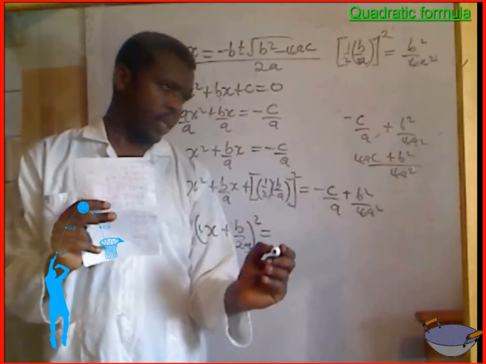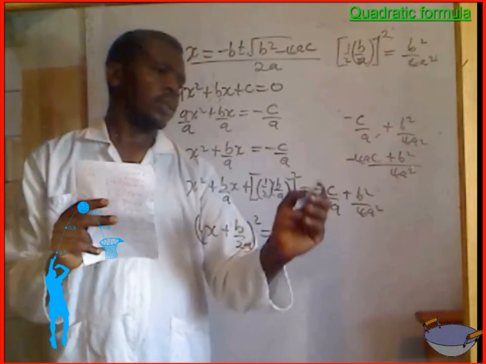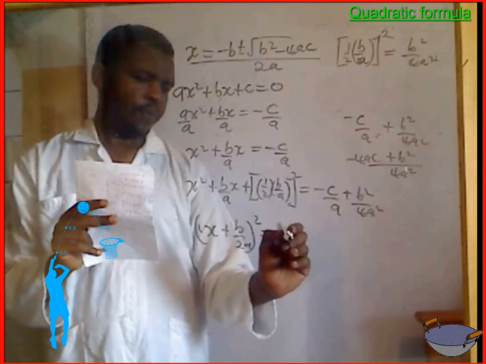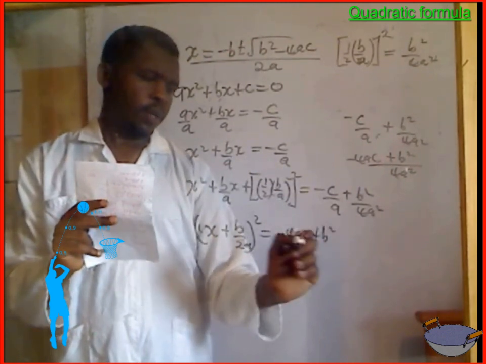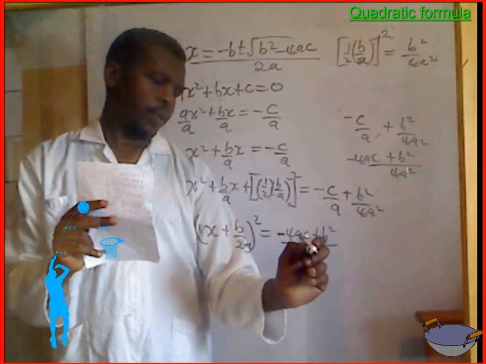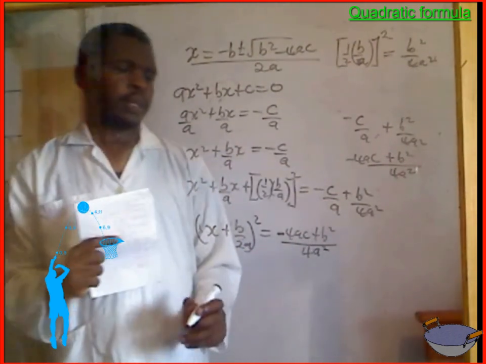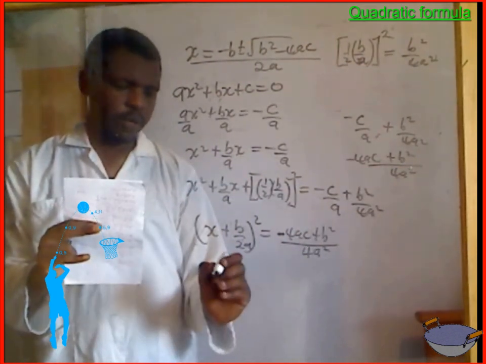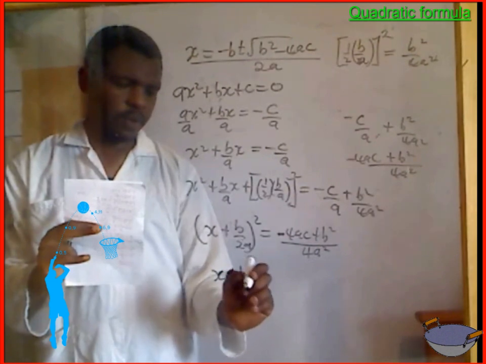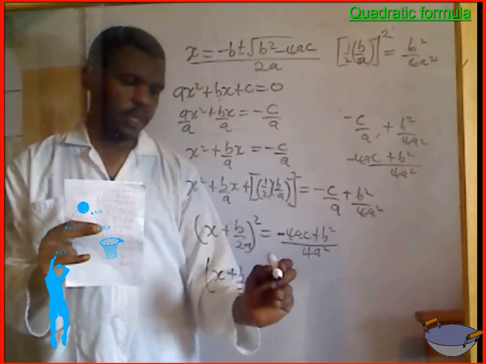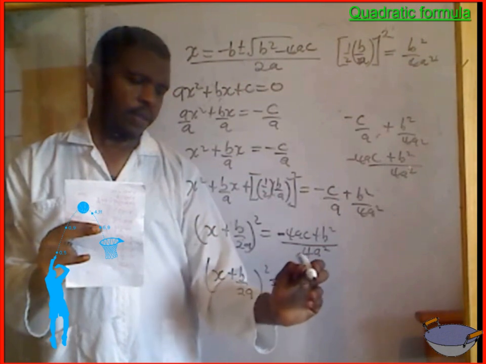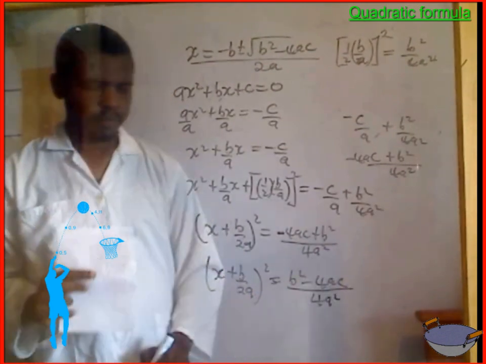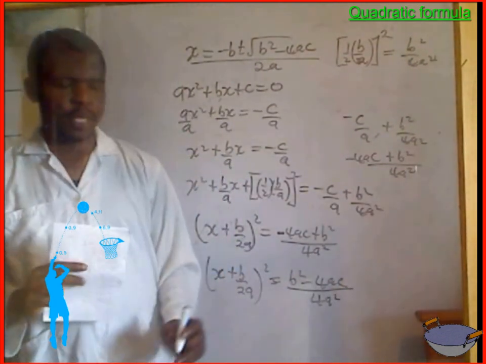So we write this as minus 4ac plus b squared all over 4a squared. So we can rearrange this to make it look presentable. We have the x plus b all over 2a all square is equals to b squared minus 4ac all over 4a squared.